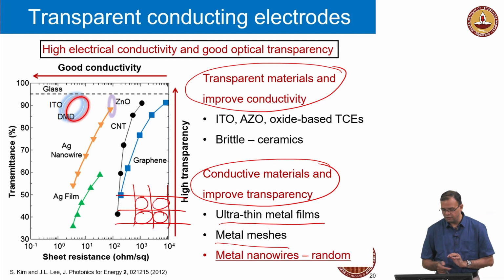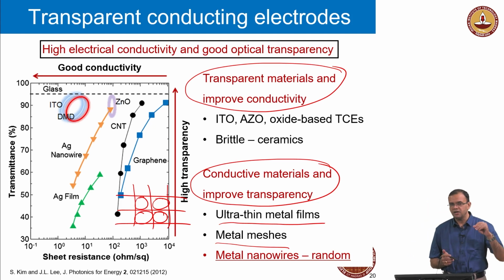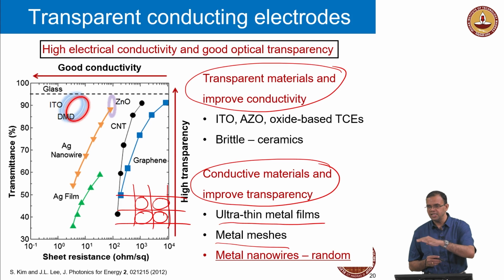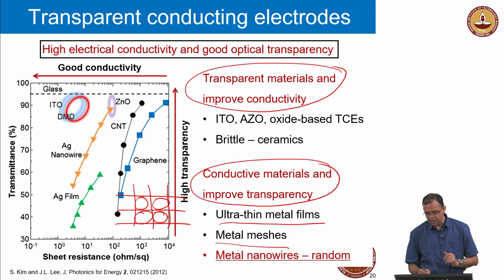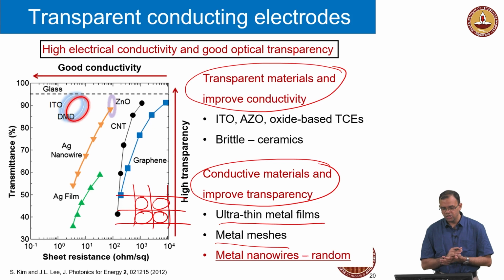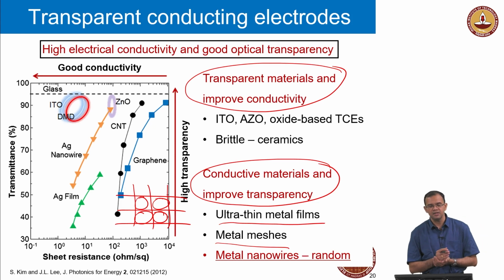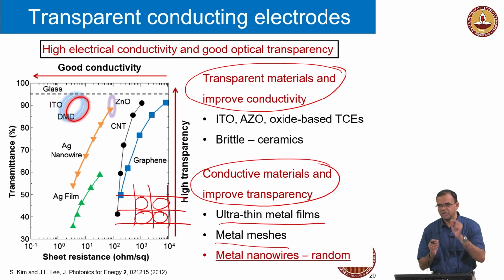So another way of getting transparency is to make metal meshes, so that the current passes through the metal lines while the gaps in the mesh allow for light to pass through. But fabricating these meshes typically again involves lithography, because you need these lines to be like tens of microns in thickness.